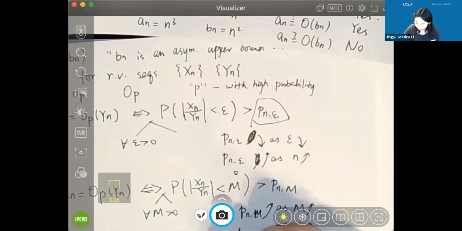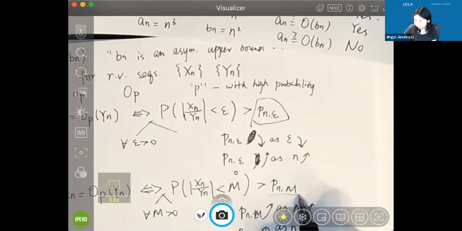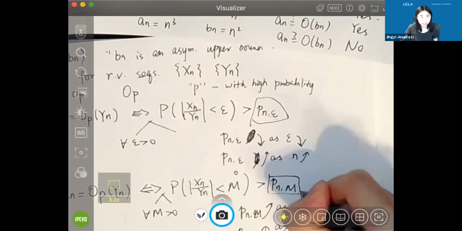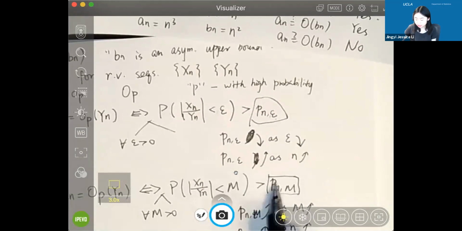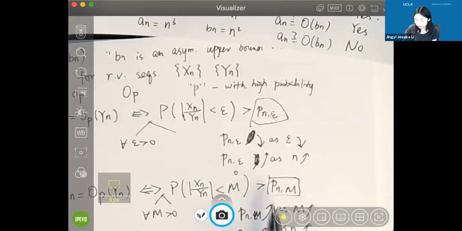So this lower probability bound will also go up. These things will guarantee that we have the high probability control. So high probability is guaranteed by this lower bound, and it should be some pretty large value. It's a probability, so it should be close to 1. Okay, so these are the intuitions behind what we call small o_P and big O_P.